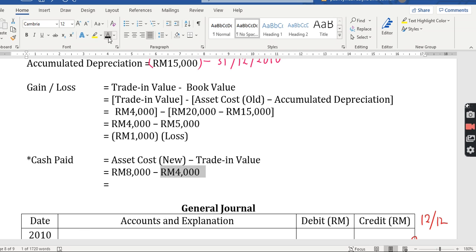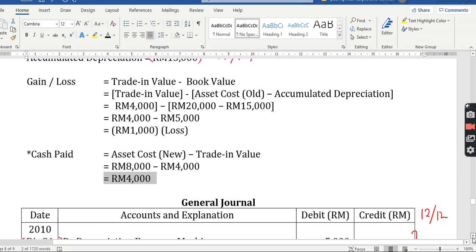Okay, so 8,000 ringgit minus 4,000. So the amount that you need to top up, berapa yang kamu kena tambah bila you beli aset baru, will be 4,000 ringgit. So this 4,000 won't be debited, bukan debit, sebab you bukan terima duit, but you need to pay. So that means that 4,000 will be credited in your journal.